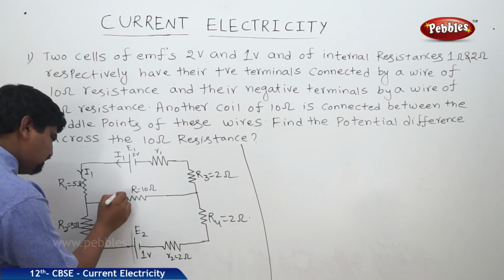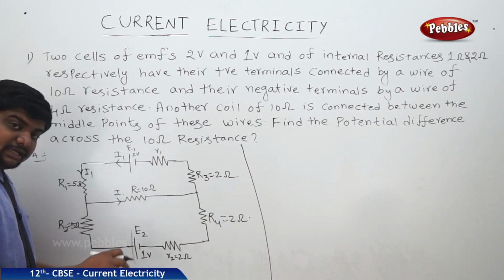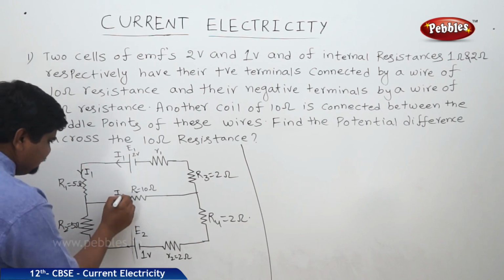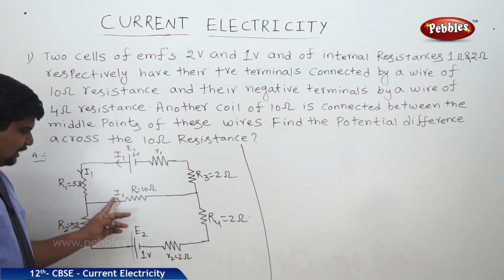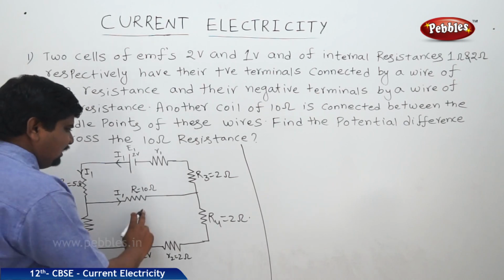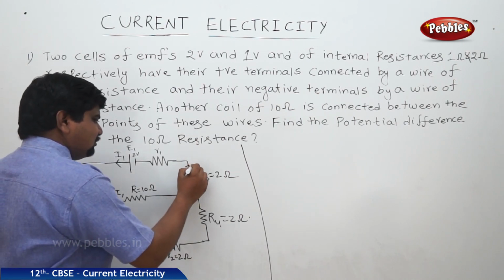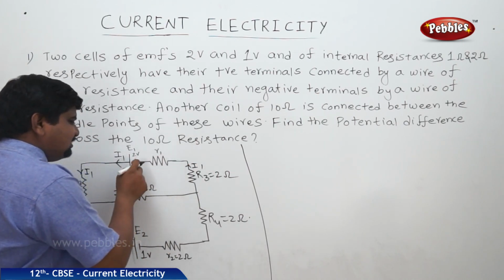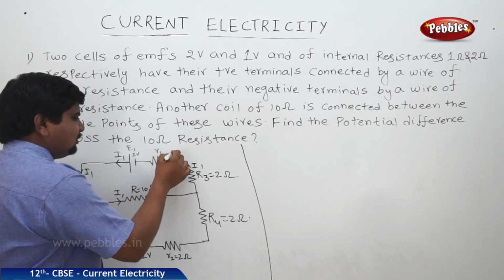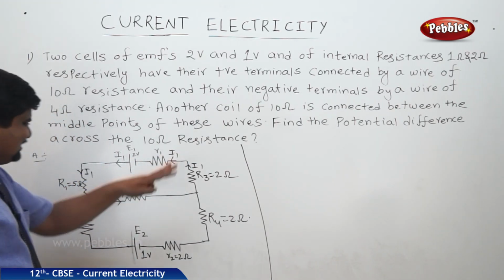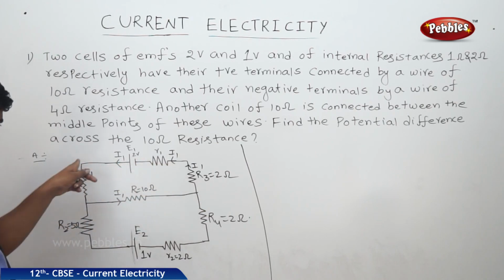Through R also it is I1, but I2 will be added, and we will see the addition afterwards. Next, through R3 also it is I1, and it reaches the negative terminal. This is the cycle of I1.